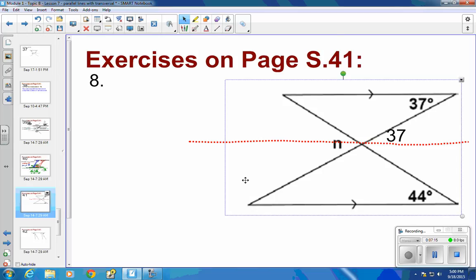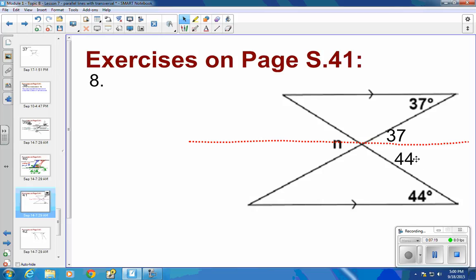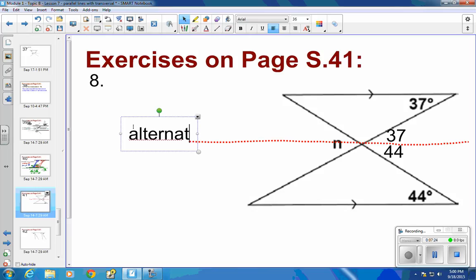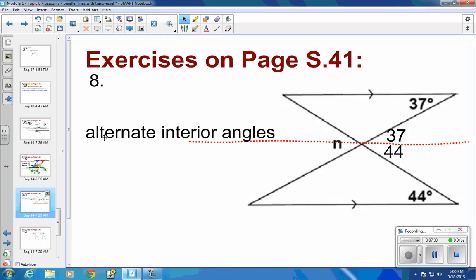And if I have 44 degrees down here, my alternate interior would put me right up there. So this is alternate interior angles. That's what I'm using.